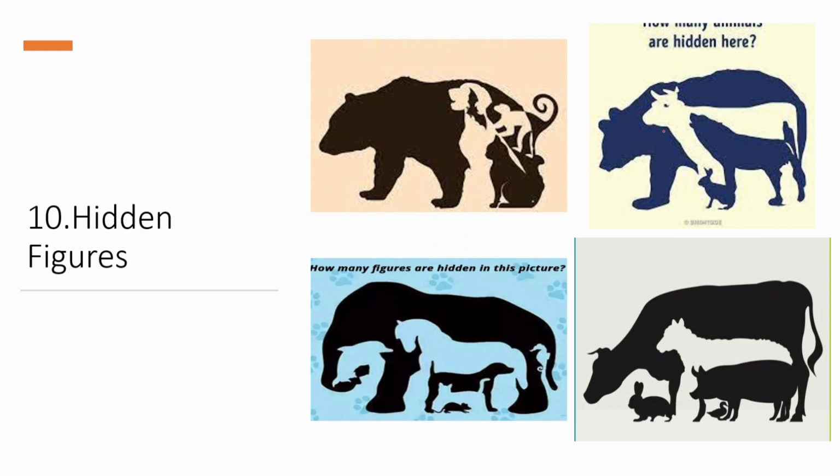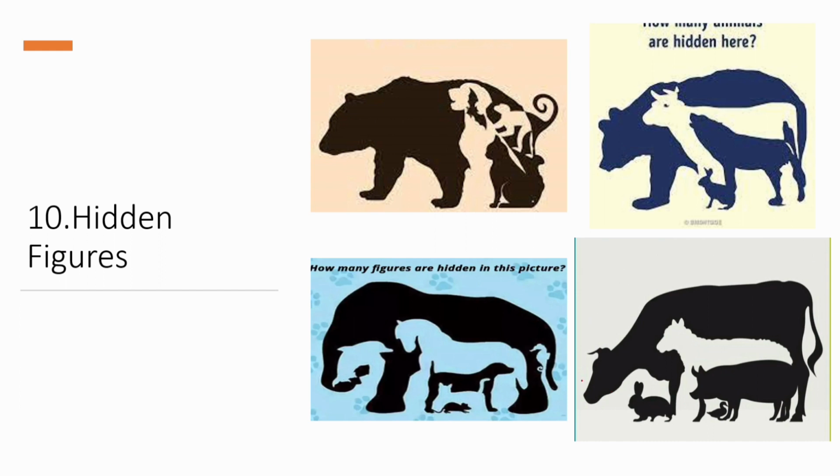Here also it is a bear, but inside that we can see a cow, and this might be a rabbit, and this is a fox, right? Inside this is an elephant, but inside that we can see a horse, a dog, and this is a penguin, and some other animals are hidden here. Here also we can see a sheep, a pig and a parrot, like a rabbit.